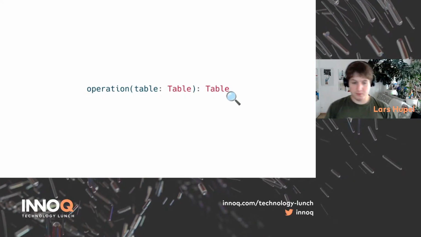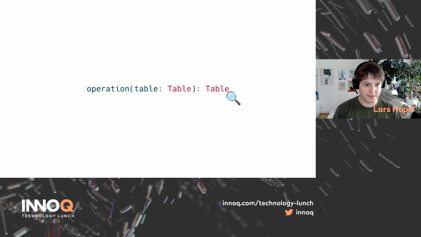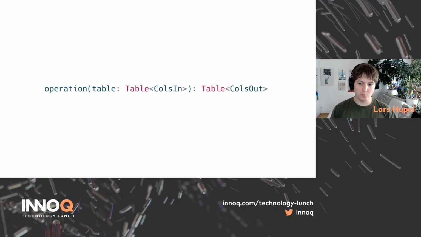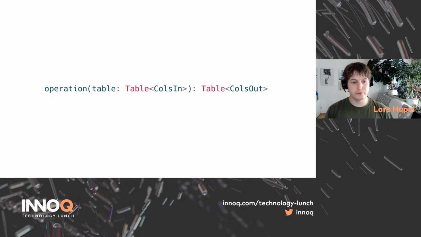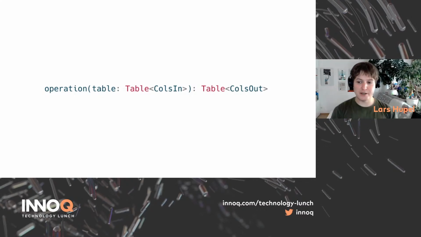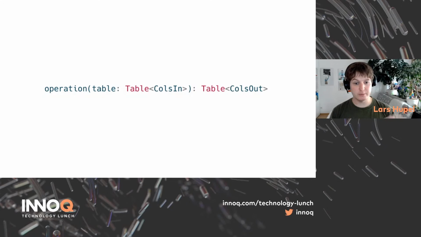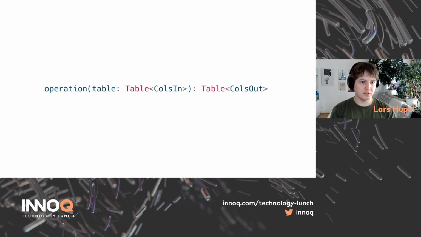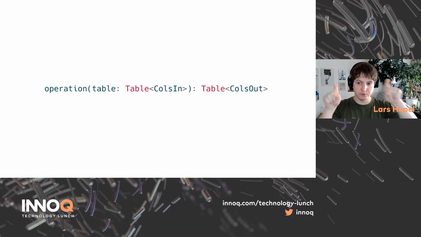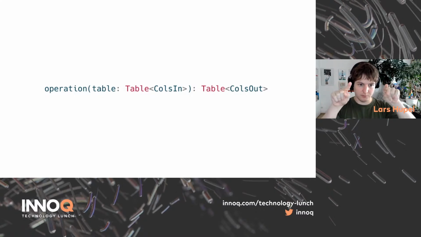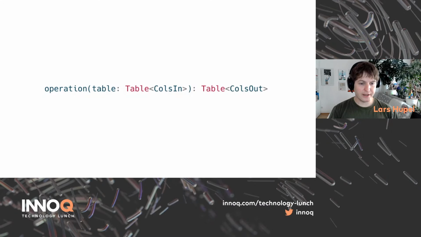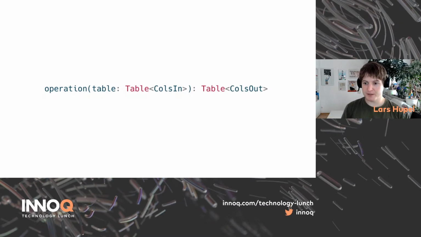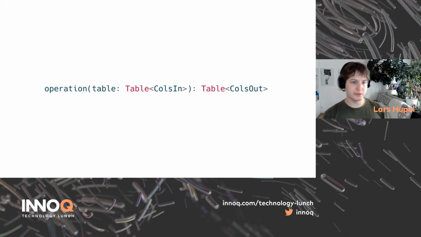If we zoom into this a bit, I mean, we're here in a talk on types, so of course I want to show you what the typing of that would look like. We could first start to add more information to the table class, or to the table interface. And I'm going to give the table a type parameter, which I put in those brackets. And I'm not going to tell you right now how this is implemented, but just bear with me for a moment.